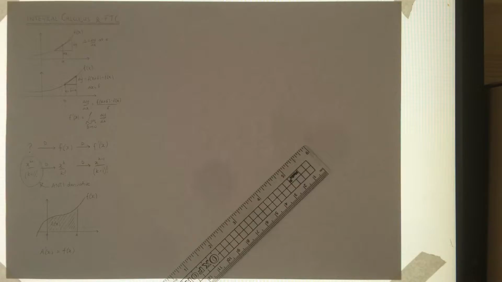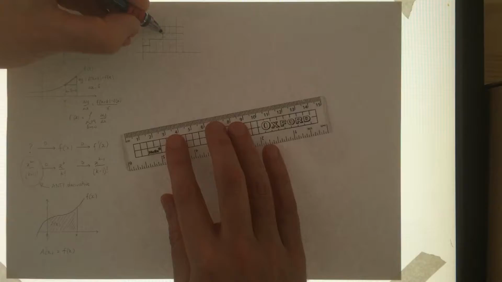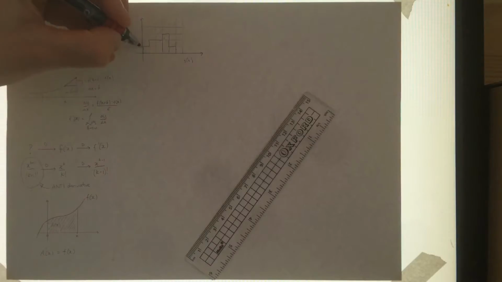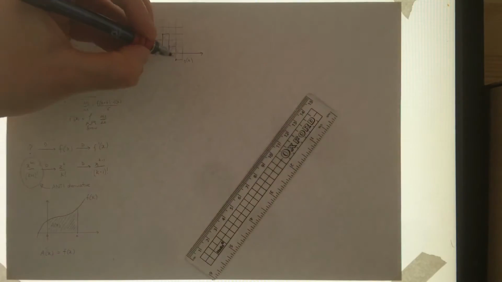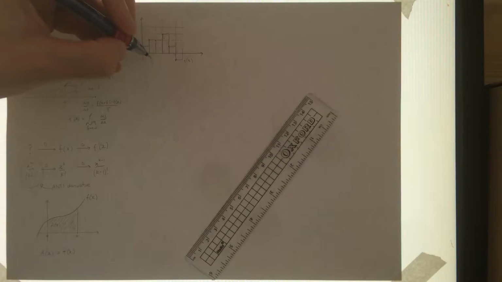Now this isn't actually that surprising. If you look at a discrete example with squared paper, for example, at this point the value of the function is 2 and we're gaining 2 squares.